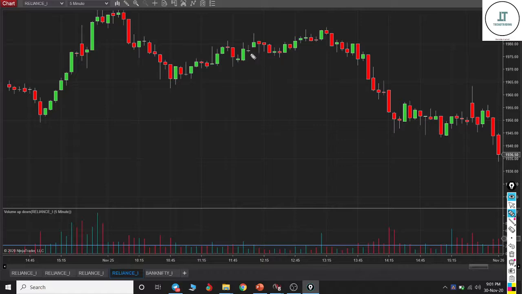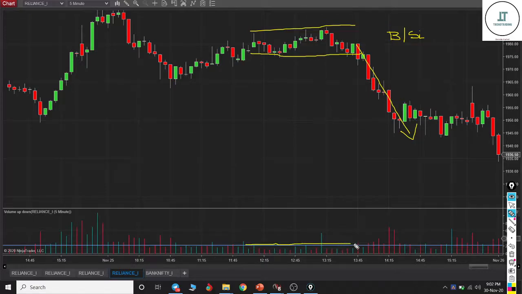Now look at this. This is a very tight range, a balanced or sideways zone. Now it has shifted to a trending down move, but before that, look at this. When it was in the balanced mode, most of the candle volumes are below the stable point.